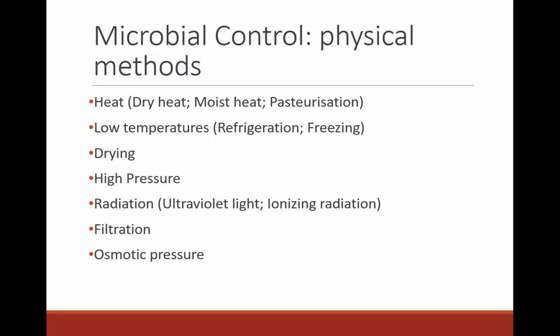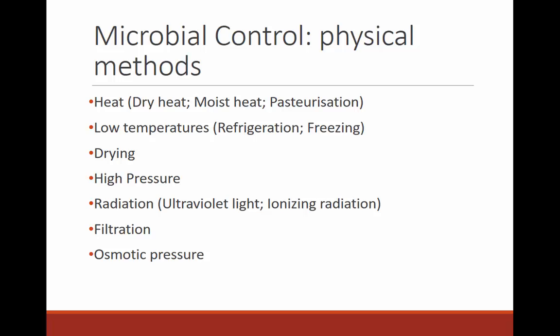So, not as high a temperature, but for shorter times. And that's not sterilizing, that pasteurization, it's decreasing the population. Okay. You could use low temperature, so refrigeration or freezing, that might help to decrease microbial populations.